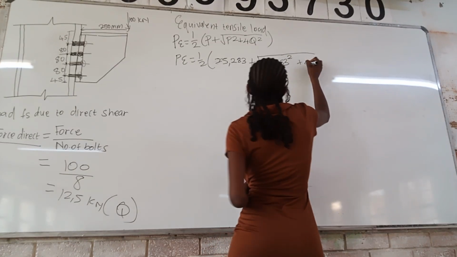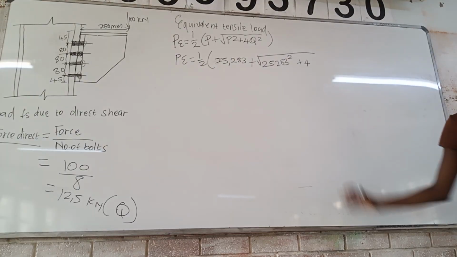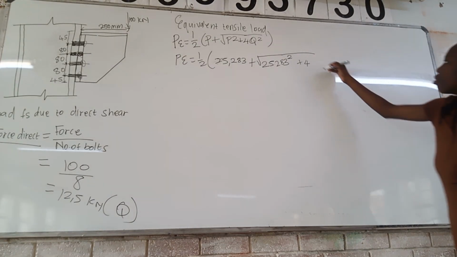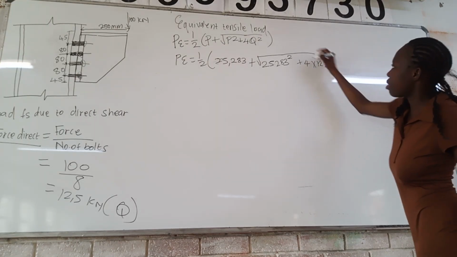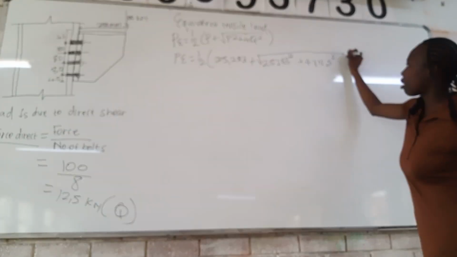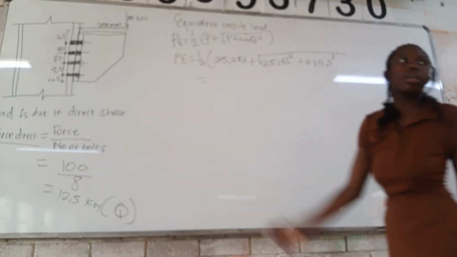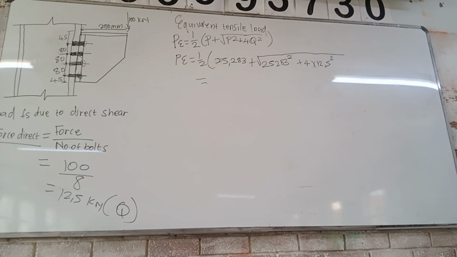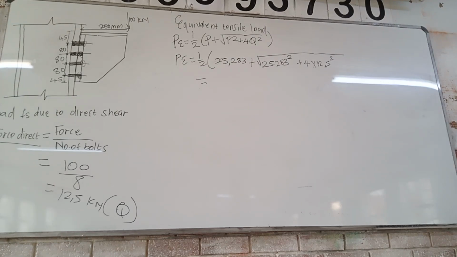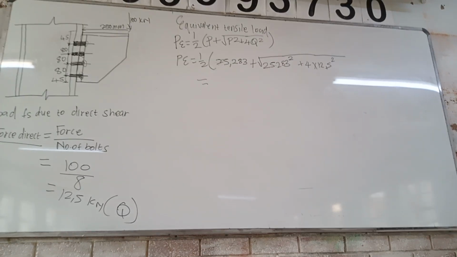And then plus 4 Q squared. What is our Q? Q is F direct, 12.5. So 4 times 12.5, and the formula says we square the Q again. The formula is half into P plus square root of P squared plus 4Q squared. Q is F direct, P is F moment, so we substitute there.